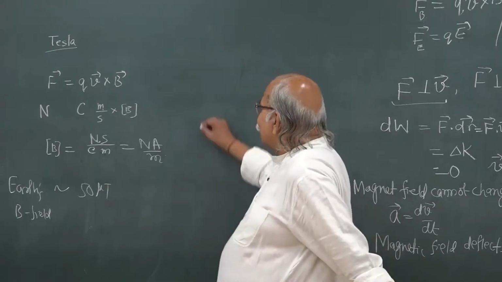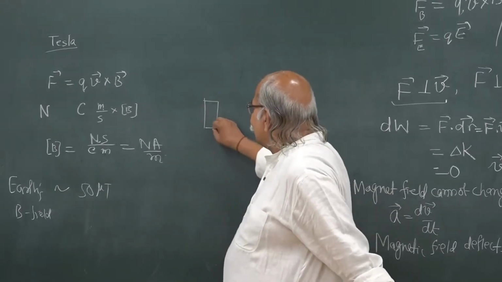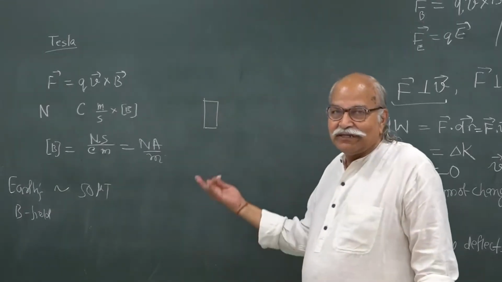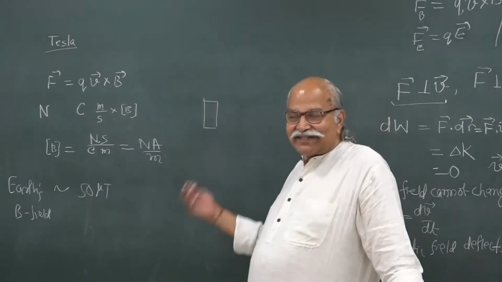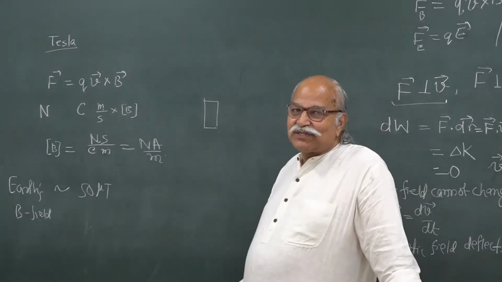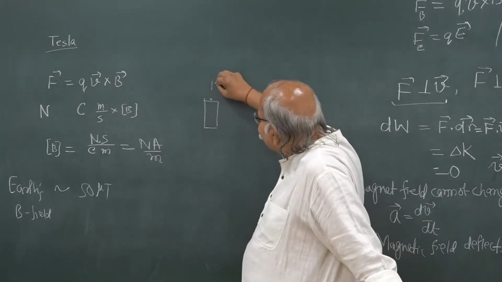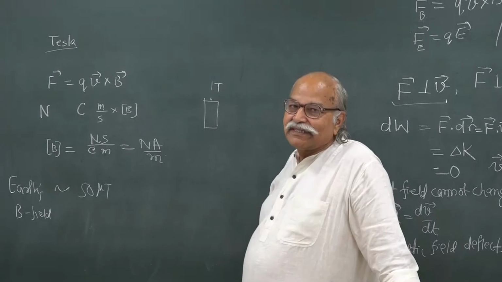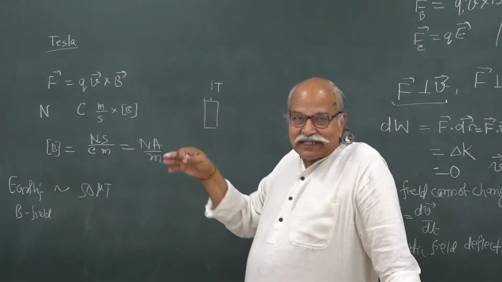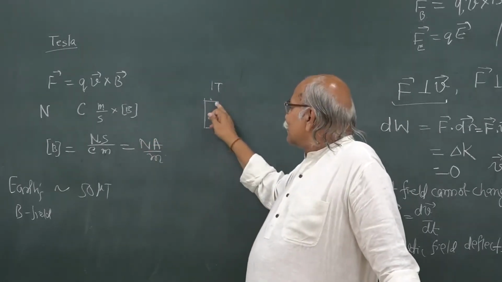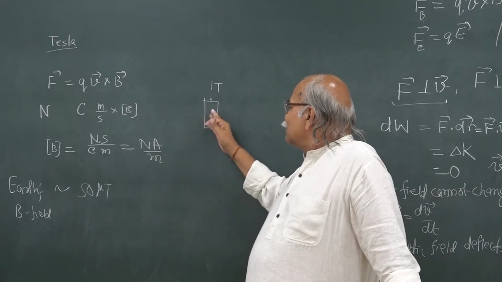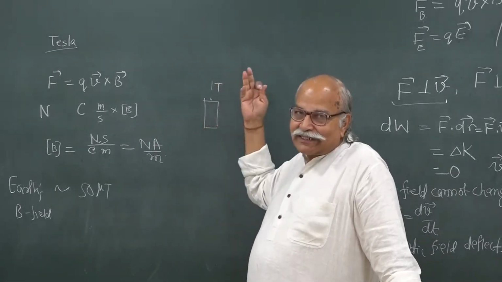Nowadays, you have magnets, the iron, niobium kinds of magnets, rare earth magnets, which easily produce a magnetic field of the order of 1 Tesla just in front of their surface. The maximum field produced by these very commonly used magnets is 1 Tesla.